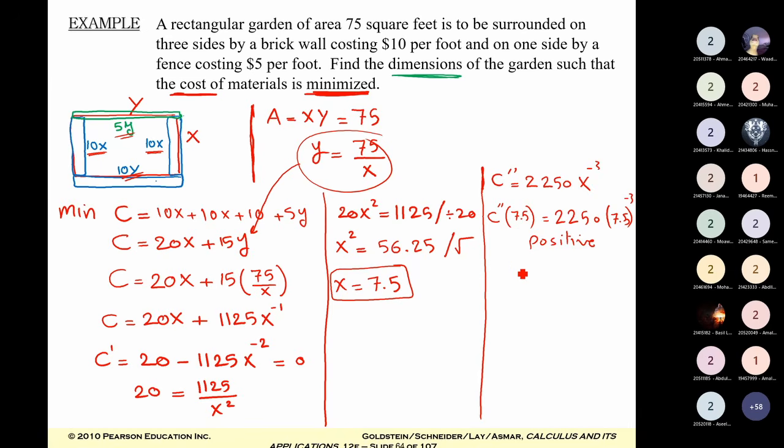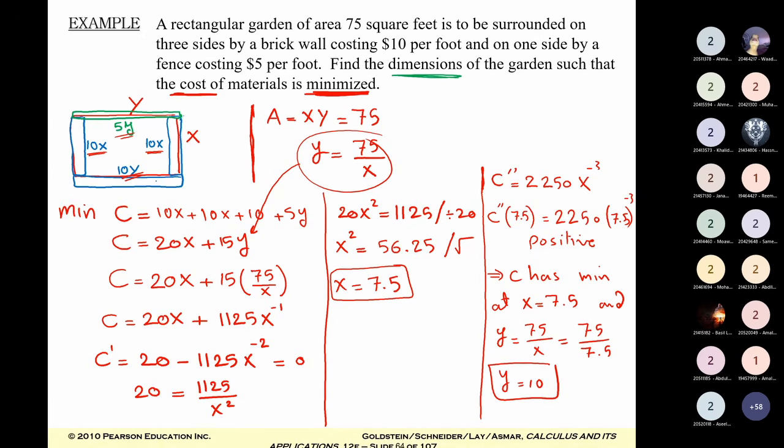So C has a minimum or maximum? Minimum. At x equals 7.5, and the value of y equals 75 over x, so 75 over 7.5, so y equals 10.